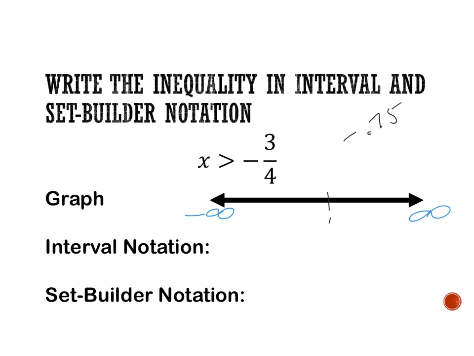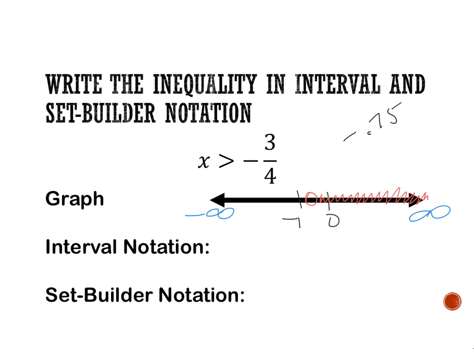So what that means is somewhere between 0 and -1, a little bit closer to -1, I'm going to have an open dot. That open dot there is my starting point on the number line, and because I have it in the correct format, variable, inequality, number, my inequality points in the direction I shade.